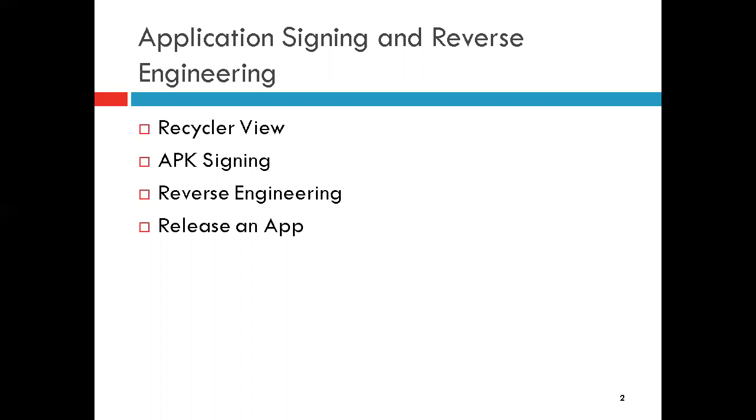We'll have a look at a little bit of reverse engineering an application, and then some of the things that you can do to mitigate that, because of course you can't really ever stop people. Once you've released your application, you can't really stop people from disassembling it. But there are things that you can do to stop them from getting useful information out of the APK.